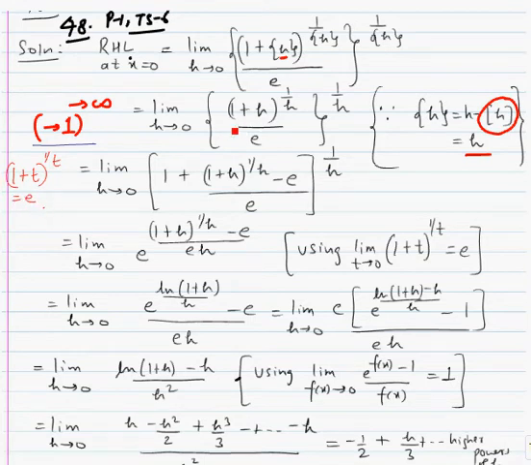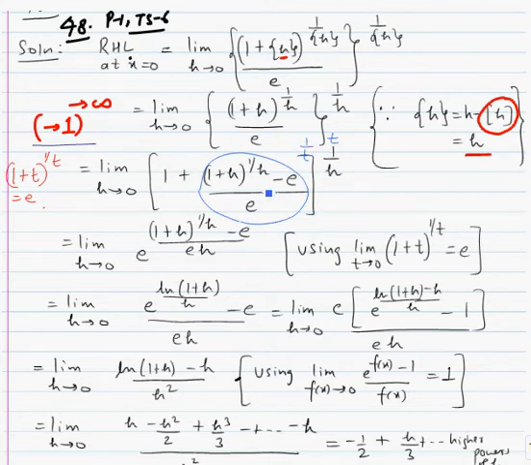For that we need to add 1 and subtract 1, right? And now this is t, so we make 1 by t in the power: we multiply with t and divide with t, and now this thing (1 plus t) to the power 1 by t will become e, right?